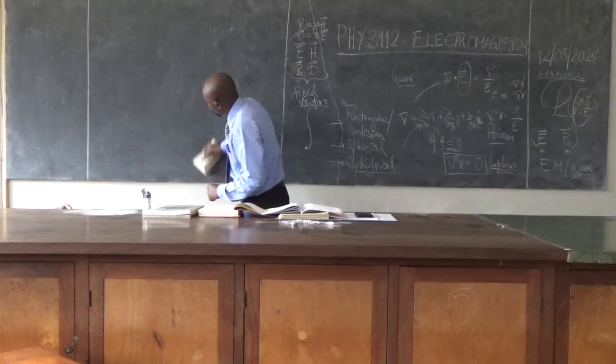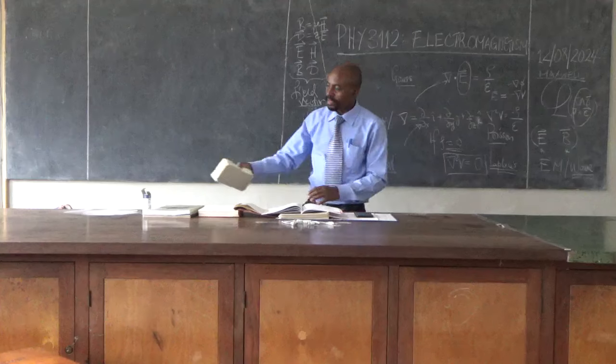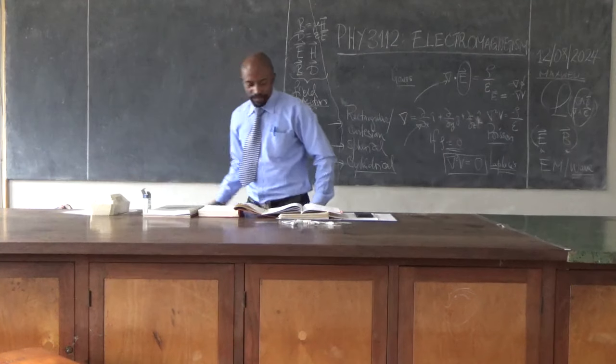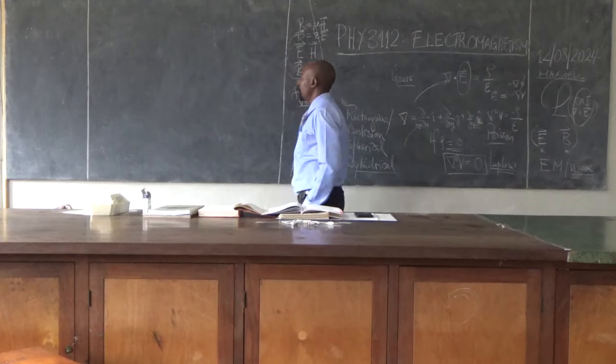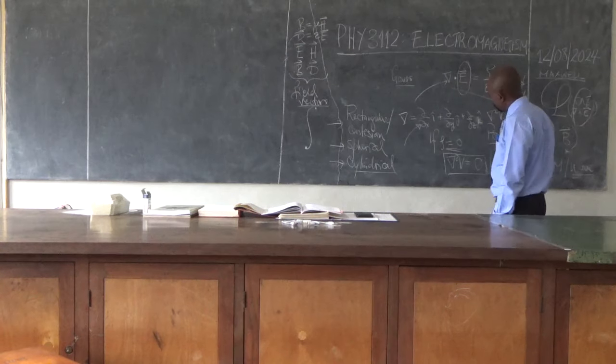If I start on it now, I will not finish it. And then when the other students come, then we start afresh. So I want to use these to make sure that we do some bit of stuff.